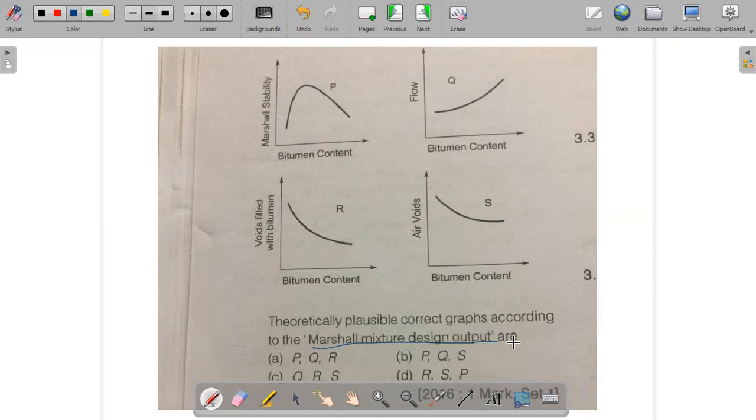If you remember those graphs, this graph is correct, and this graph is also correct, and this graph is also correct, but here this graph is not correct. Basically this graph is something like this, not like this. So the theoretically correct graphs are P, Q, and S. Option B is our correct answer.